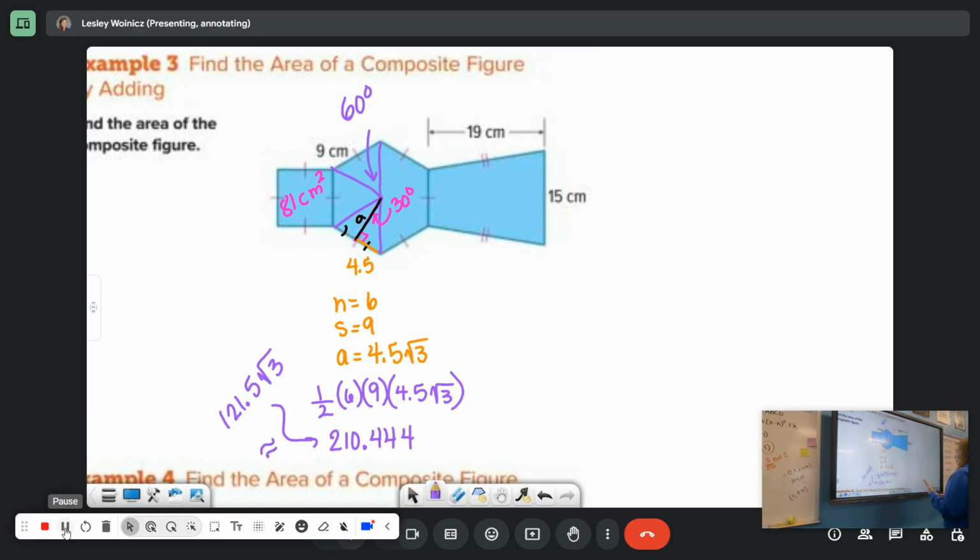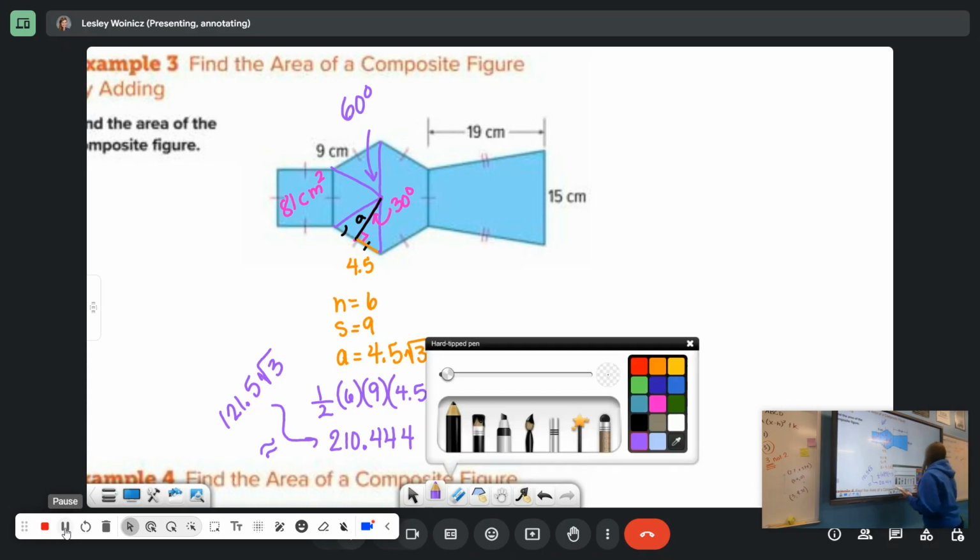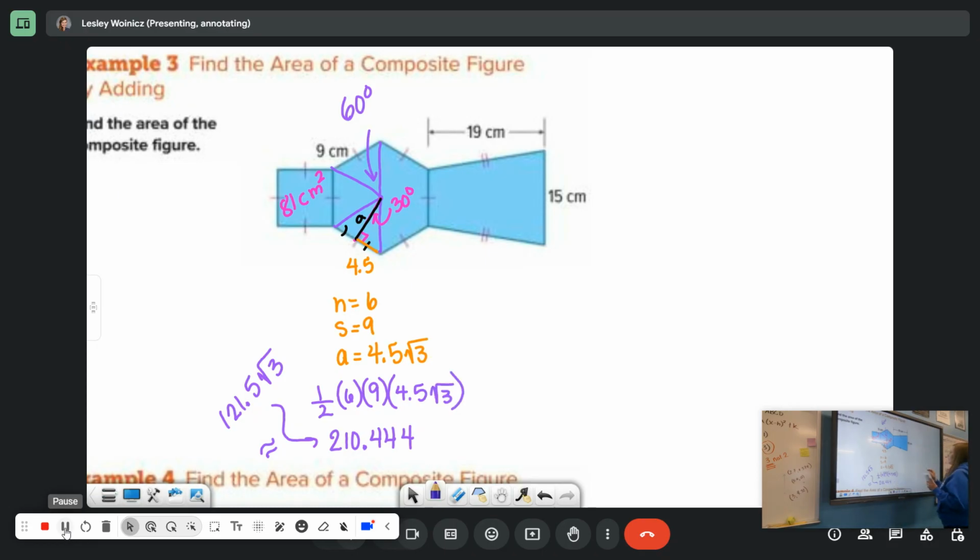All right, just the trapezoid left. One of my bases for my trapezoid is 9, and the other one is 15, and it looks like my height is 19. Don't be confused if your height is sideways. The height is the distance between the parallel sides of your trap.